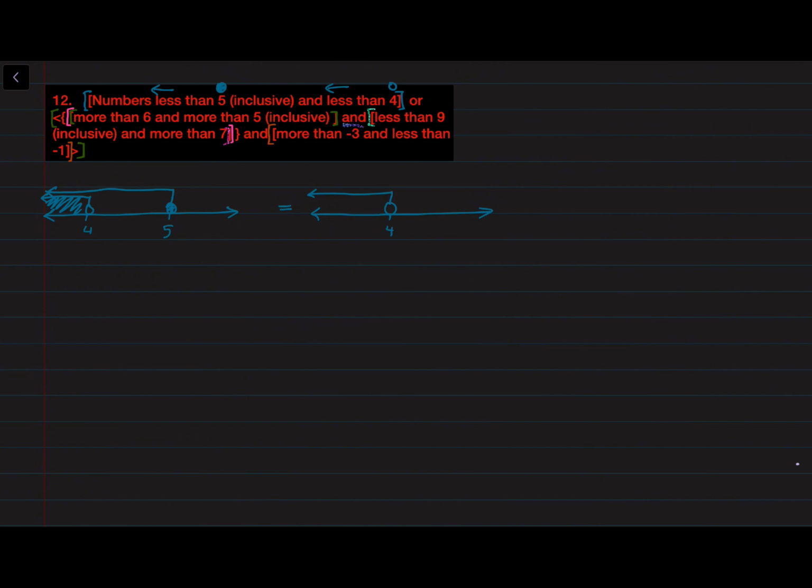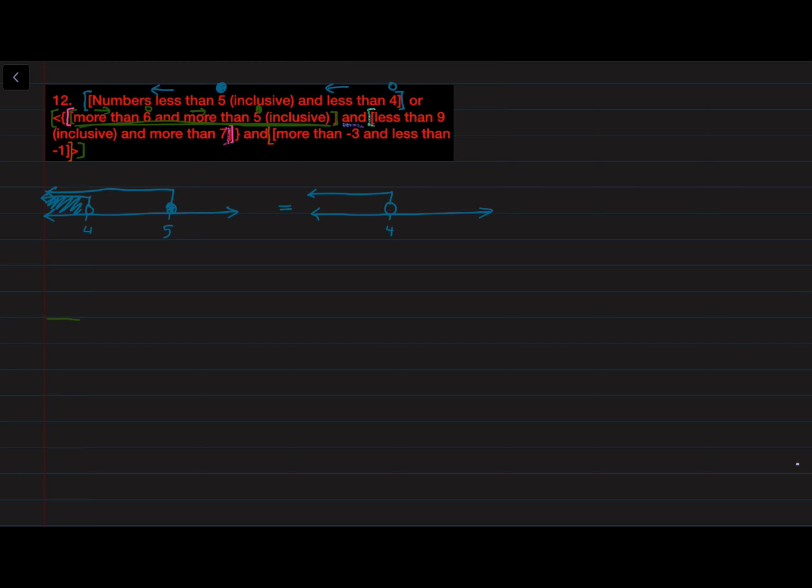Now, for the second part, we have a few more steps and different ways to combine our answers. So we'll go through them one by one. So let's look at this part over here. For this part, it says we're looking for numbers that are more than 6 and more than 5.